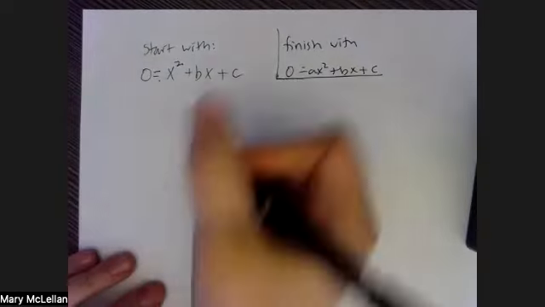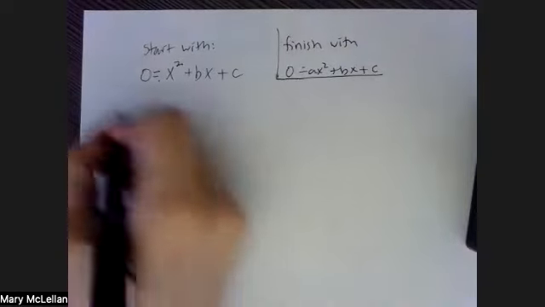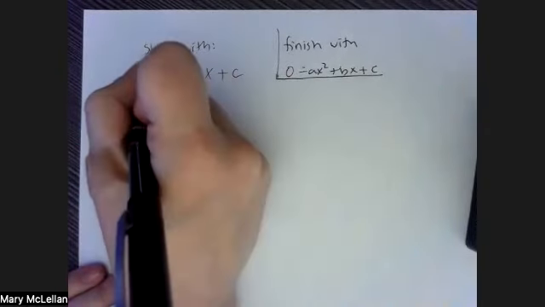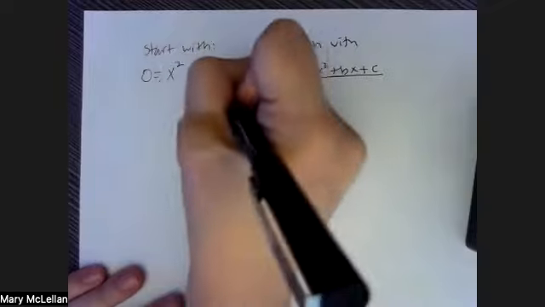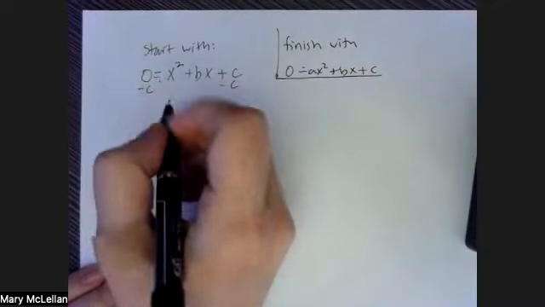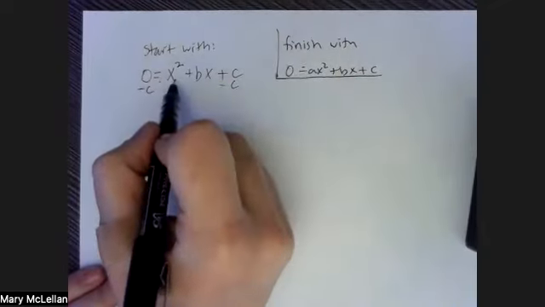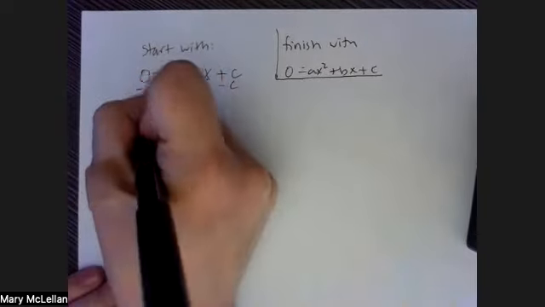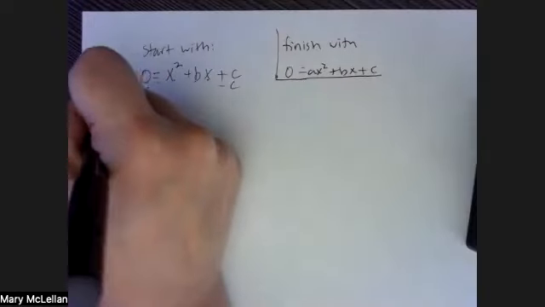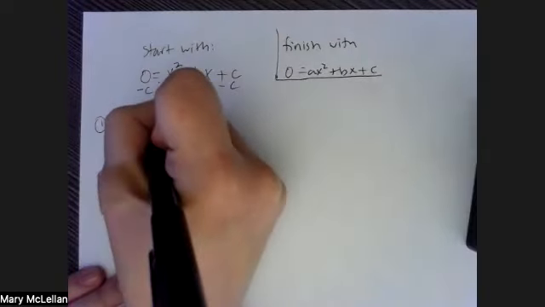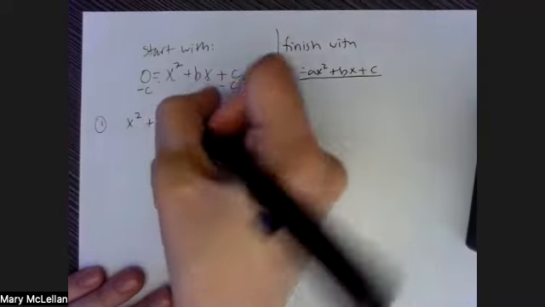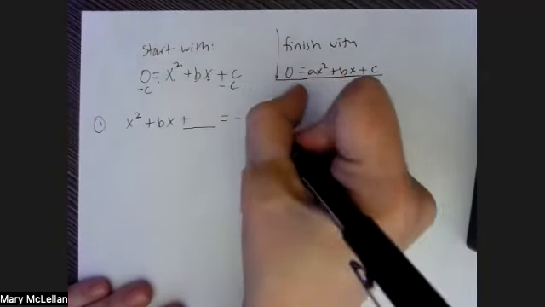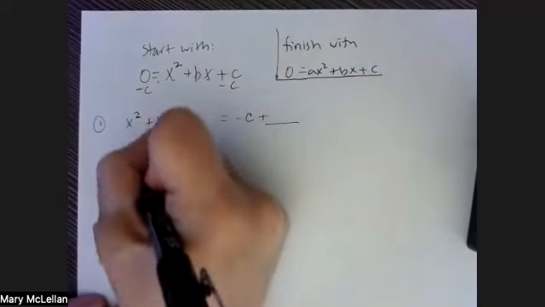When I complete the square, I always move my c term to the other side of the equal sign, so I'll subtract c from both sides. And just as a personal preference, I like x squared plus bx to be written on the left-hand side of my equal sign. So this is step 1: x squared plus bx plus blank is equal to negative c plus blank. And I'm going to complete that square.